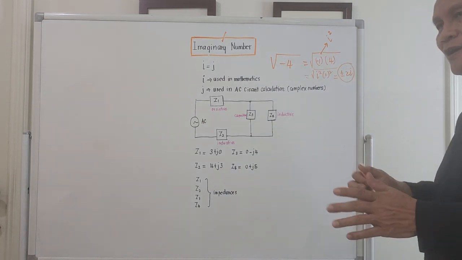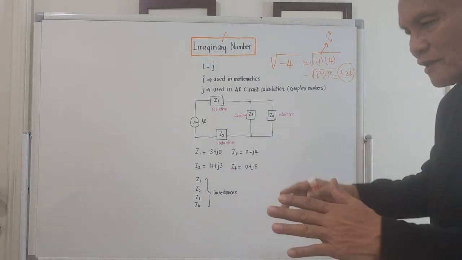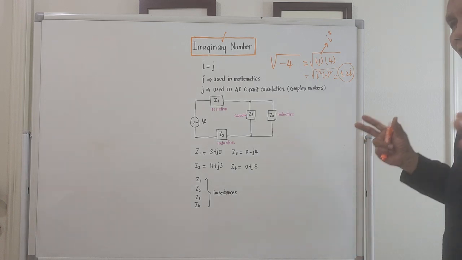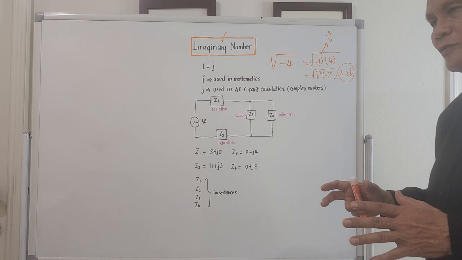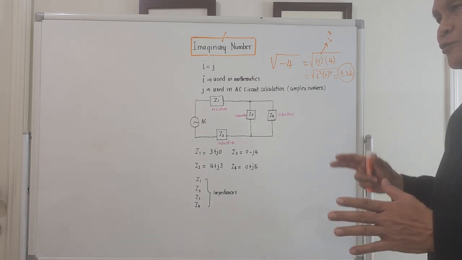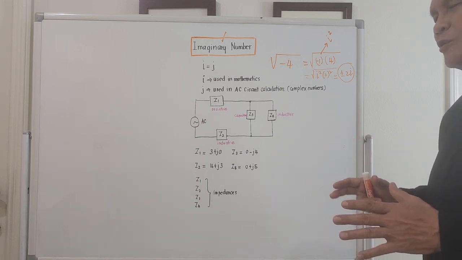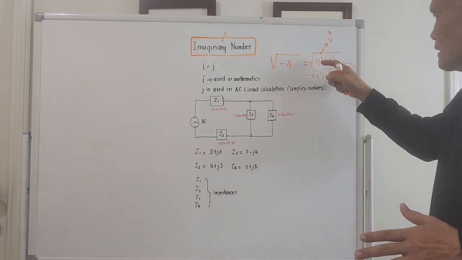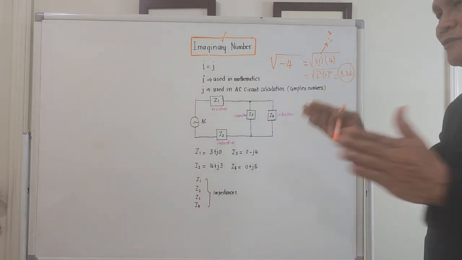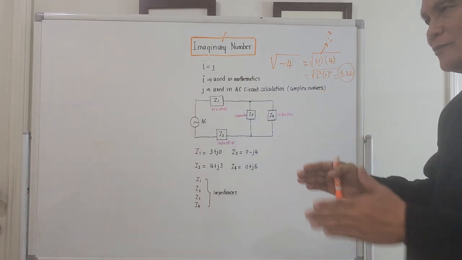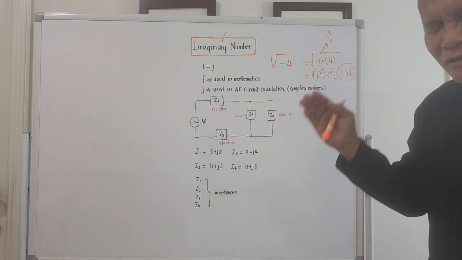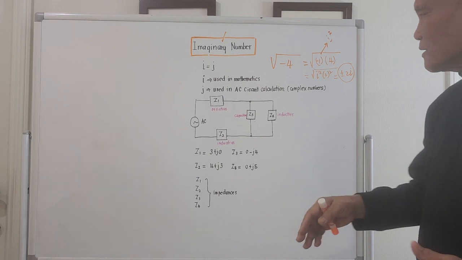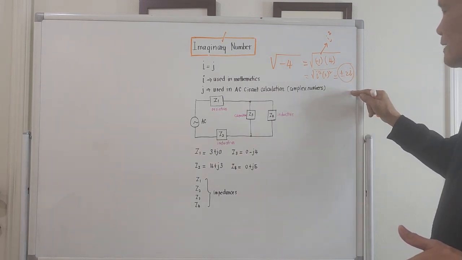So the only significance of imaginary numbers in mathematics is for us to take the square root of a negative number. Without presenting the -1 to be I square, we could not take the square root of a negative number. So the importance of imaginary numbers in mathematics is to simplify.